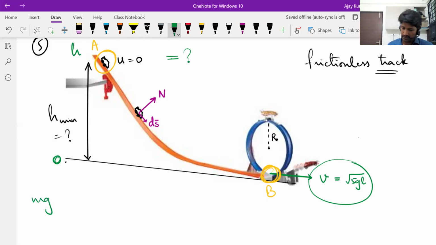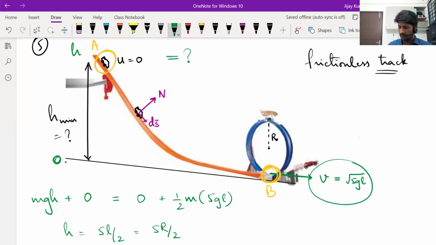So initial potential energy mgh plus initial kinetic energy 0, the car is being released from rest, is equal to final potential energy 0 because finally it's at the bottommost position, which is the ground level, plus final kinetic energy half m v square. V square is 5gl. That's all. You get h is 5l by 2, which in this case becomes 5r by 2. That is 2.5 times the radius.